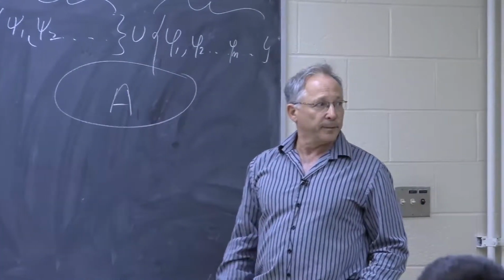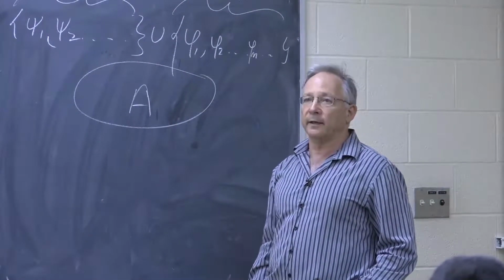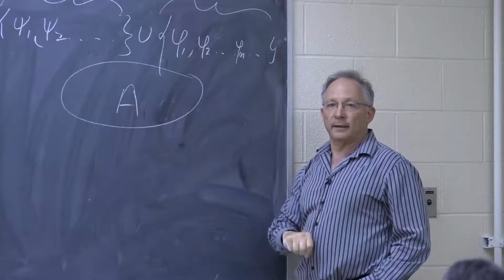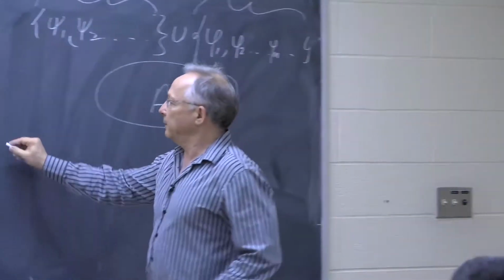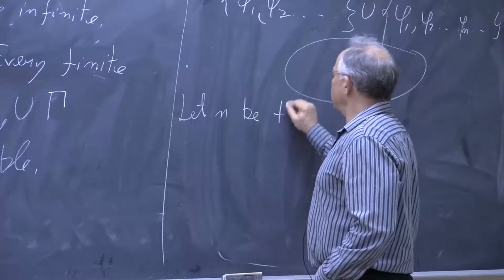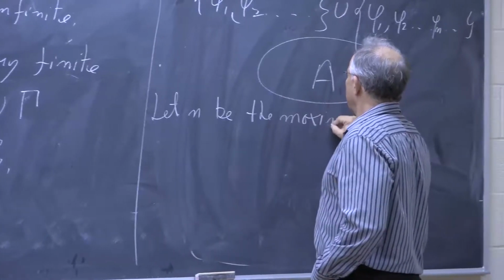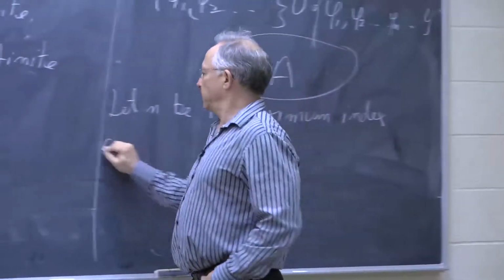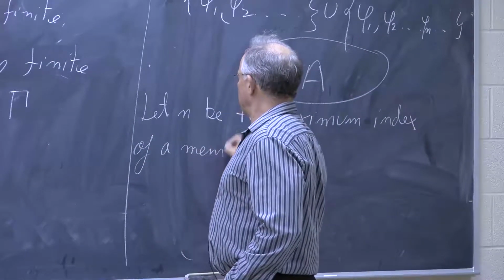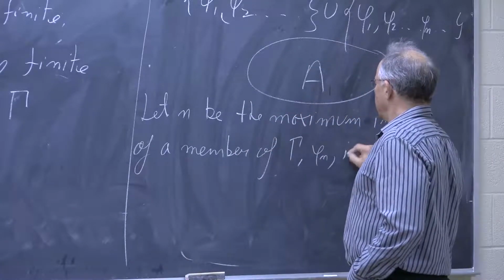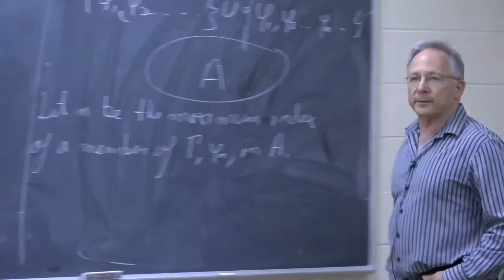But the main point is that since A is finite, there is a maximum n such that phi n is in A. So let n be the maximum index of a member phi n of gamma in A. There is such a maximum index because A is finite. If it's finite, it cannot take everybody.